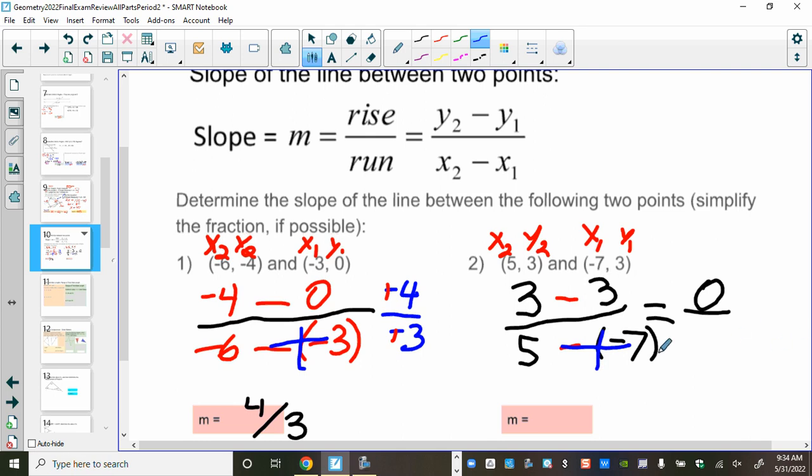So 5 plus 7 becomes what number? You have 0 over 12. Now, does it matter what that bottom number is in the end? Because 0 divided by anything gives us 0.